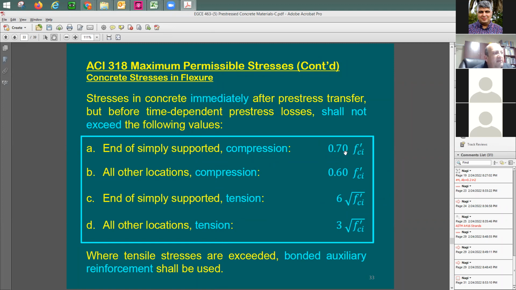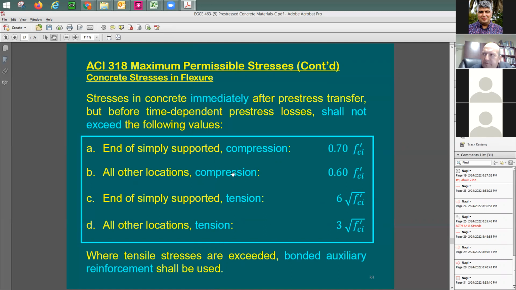How about this value here, 70% of f'ci? It says at the end of simply supported beams only. So if you have a beam and you come to the end, where you're going to have the anchorage and the big force, maximum compression is going to be 70% of f'ci.